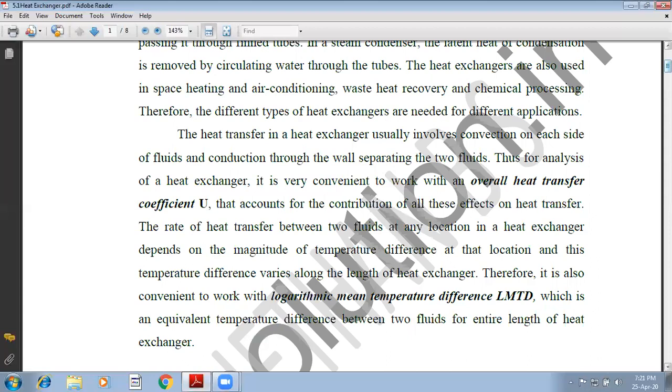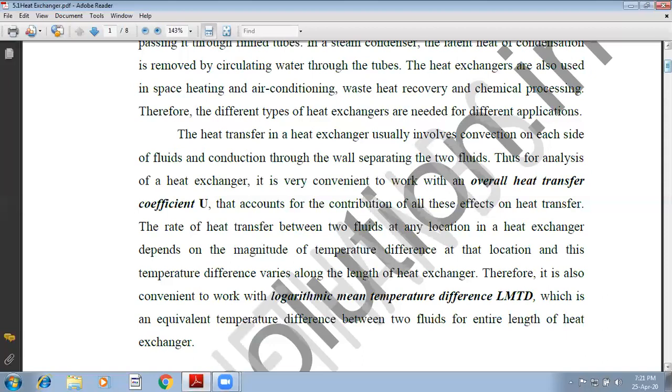We will also encounter a term called LMTD, that is, logarithmic mean temperature difference. It is nothing but the equivalent temperature difference between the two fluids for the entire length of the heat exchanger. If you consider a heat exchanger, along its length the temperature keeps on varying.